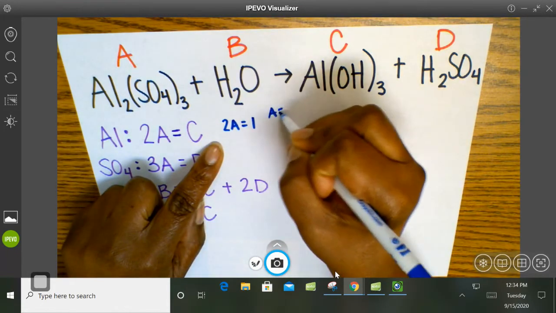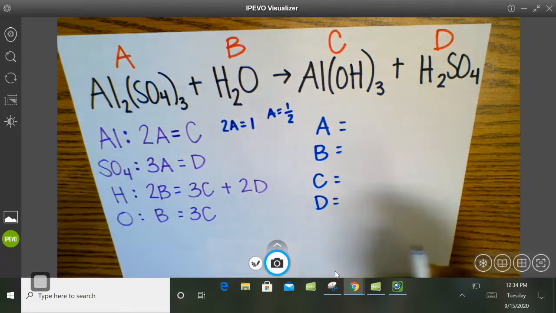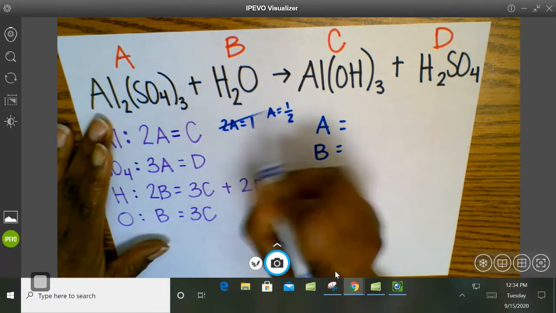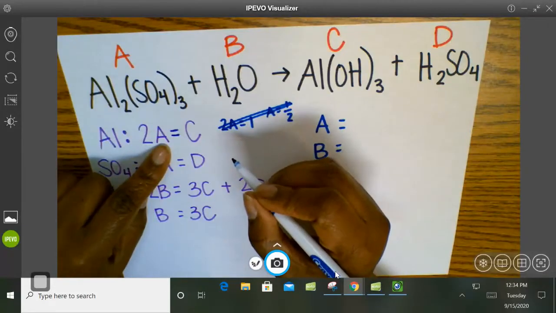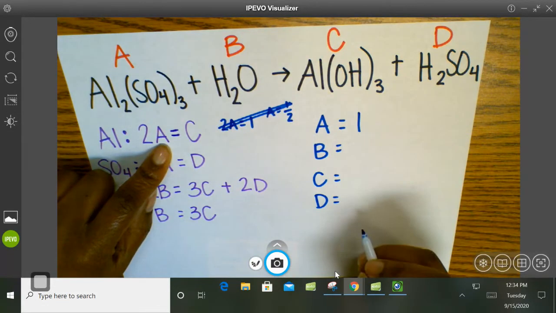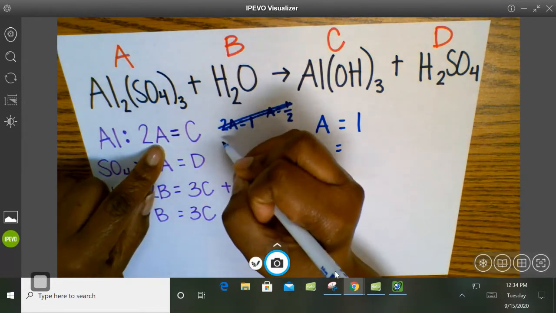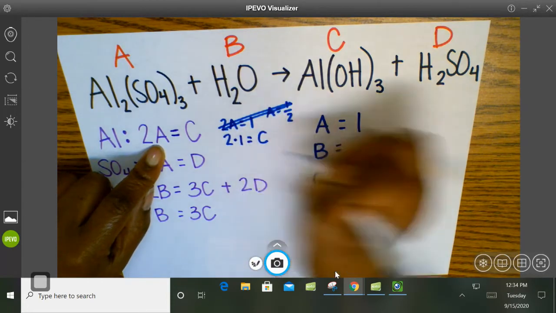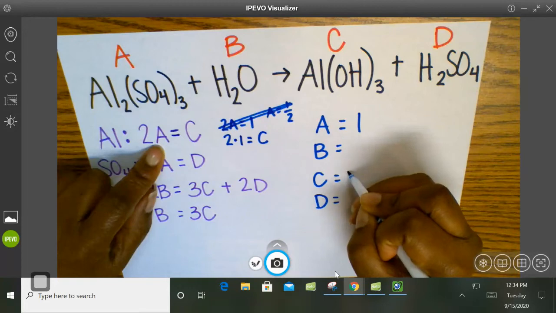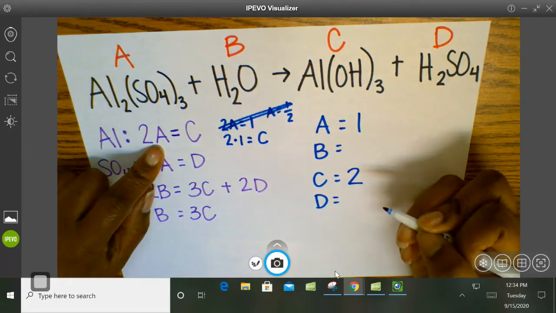A is going to be 1/2. I'm just not trying to start out with fractions. So if A is equal to 1, and I substitute that in, 2 times 1 will give me C. So C is equal to 2.